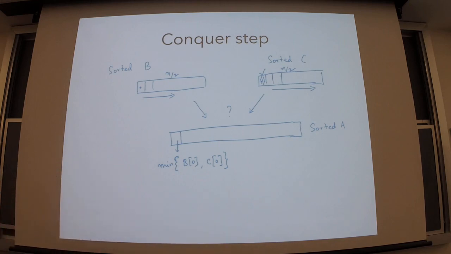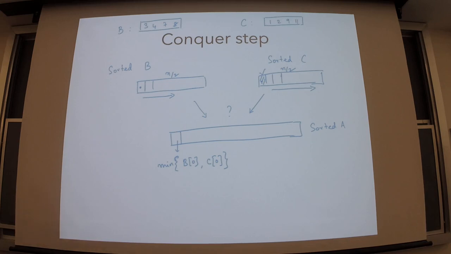Because your split could have been so that, let's say your numbers are like 3, 4, 7, 8 in B. So this is the sorted B, and C maybe is like 1, 2, 9, 11.